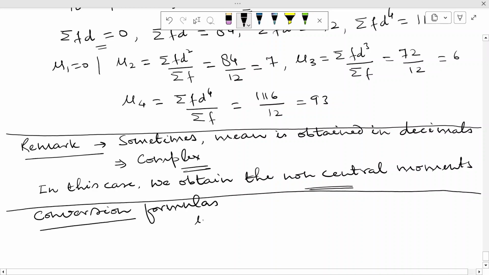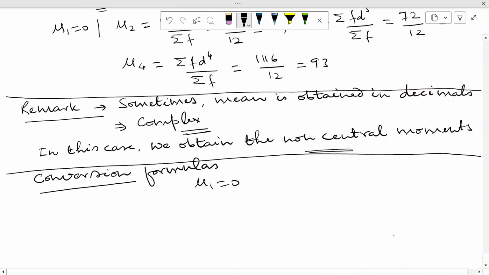As we know that mu1 is always 0, and because I am not using any dash or prime here, it is very clear that it is our central moment. Now mu2 can be obtained using the non-central moments mu1 dash and mu2 dash by using this formula.